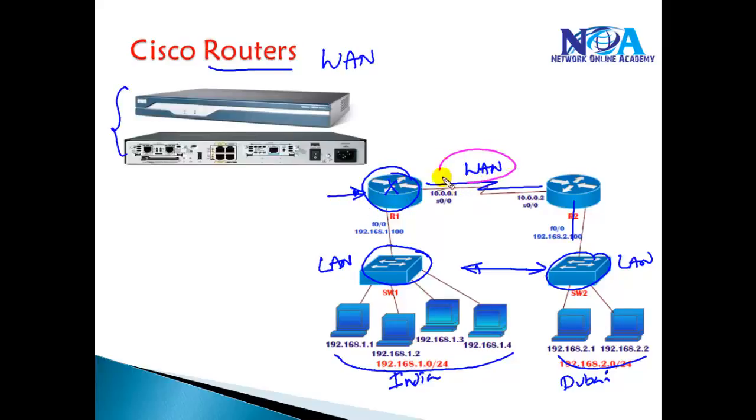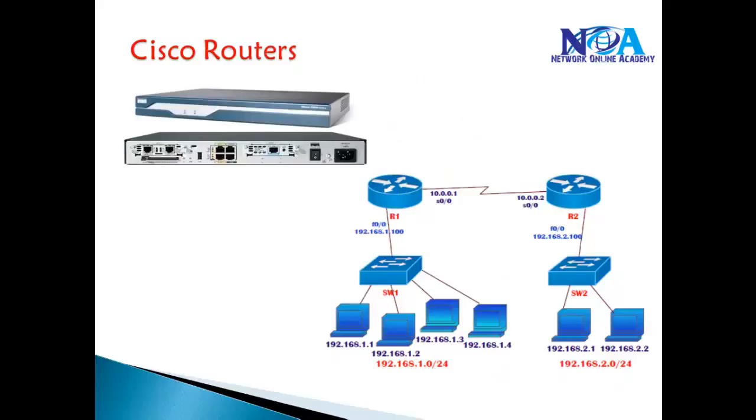Now a router is a device which provides a WAN connection where you can connect this device to the LAN as well as to a remote location called WAN. Now in simple words, if you want to set up your own WAN connections, or if you want to connect to a different location or a different LAN, we need a router. So a router is a device which provides WAN connections and connects 2 or more different LANs.